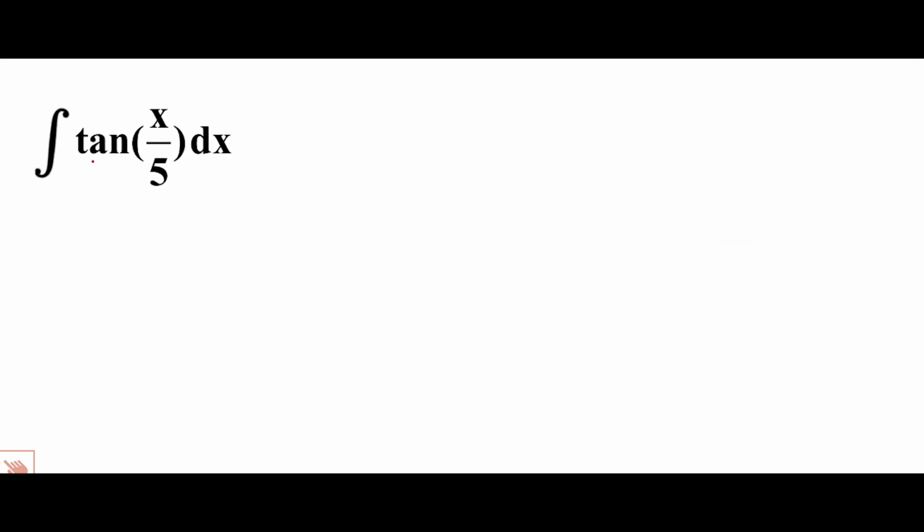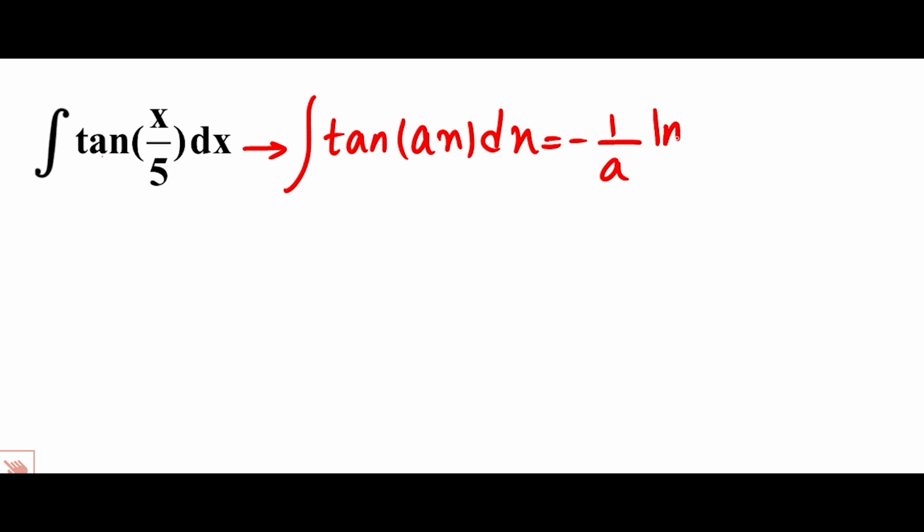Number 3. The integral of tangent x over 5 dx. As you know, the integral of tangent of ax dx equals negative 1 over a ln of the absolute value of cosine of ax plus c. So in this problem, a equals 1 over 5.